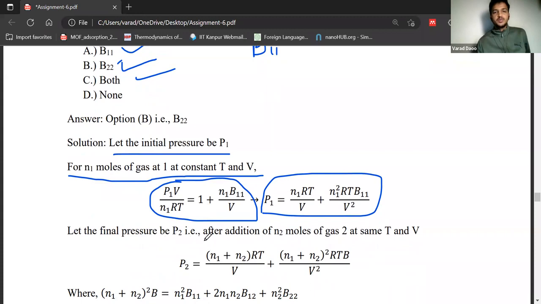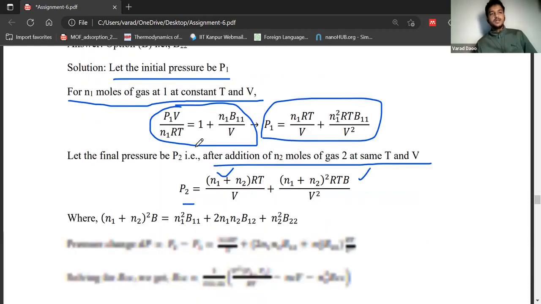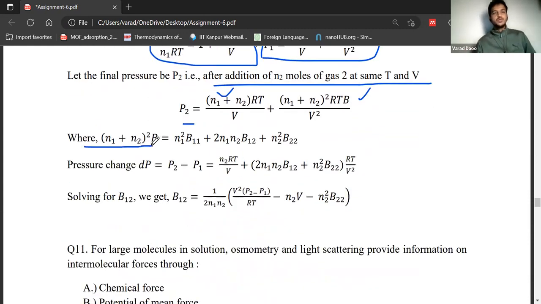So let the final pressure be P2 after addition of N2 moles of gas 2 at the same T and V. So P2 is nothing but the number of moles has increased, and (N1 plus N2) whole square multiplied by B is nothing but N1 square B11 plus 2 N1 N2 B12 plus N2 square B22.